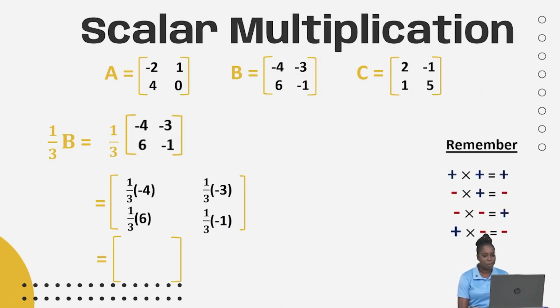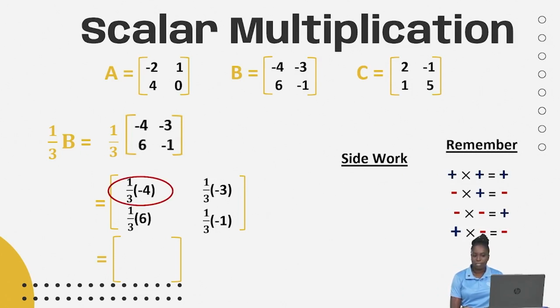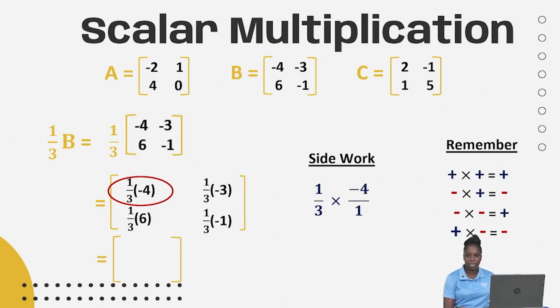So let's get our reminder, and we're also going to consult our side work, and we're going to write 1/3 times -4. And if you notice, it's -4/1, because any whole number can be written as a fraction if we place it over 1. And so we have a fraction times a fraction. So we'd have to remember our rules of multiplying fractions.